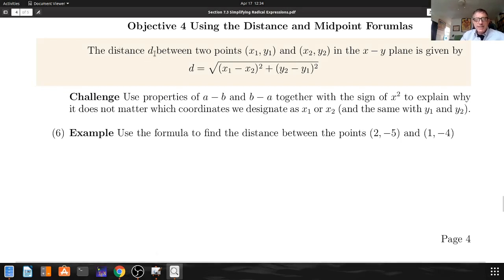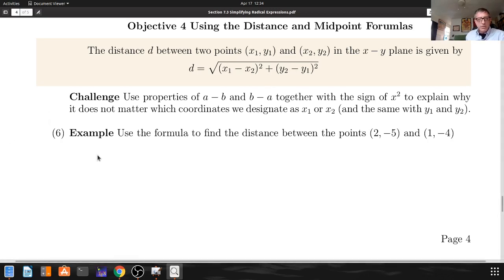So the distance d between 2 points, and we're just going to label those points x1, y1, and x2, y2, in the xy plane, which is also called the rectangular coordinate plane or the Cartesian plane, is given by the square root of x2 minus x1 squared plus y2 minus y1 squared.